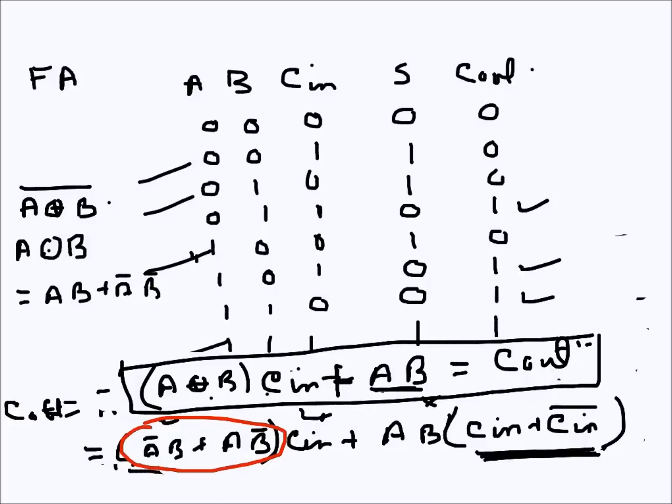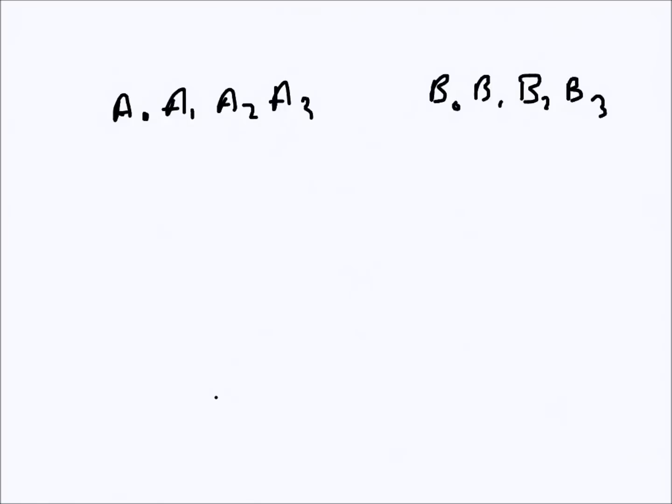So if I want to add A0, A1, A2, A3 with B0, B1, B2, B3, in this particular case, this is probably MSB and this is LSB.